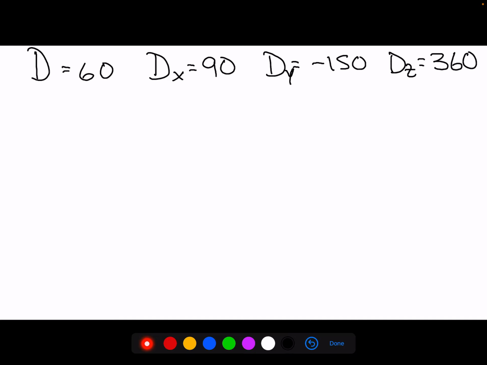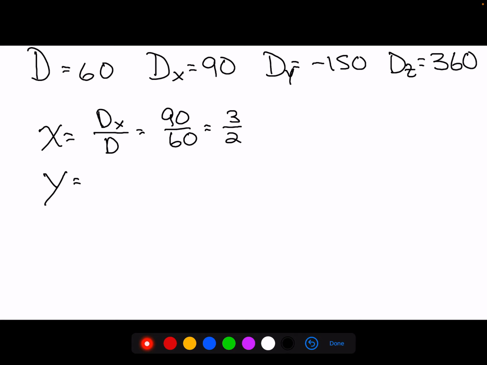All right, so if we want x, we do a little ratio. We do d sub x over d. So we do 90 over 60, which reduces to 3/2. If we want y, we do d sub y over d. So that's negative 150 over 60. So that reduces to negative 5/2.